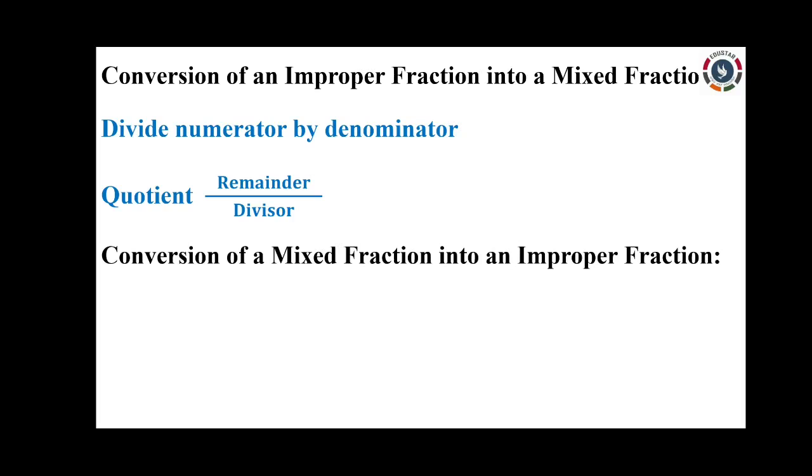Next, conversion of mixed fraction into an improper fraction. To convert mixed fraction into improper fraction, mixed fraction is in the form of whole number with proper fraction. So we have to multiply the whole number and the denominator.